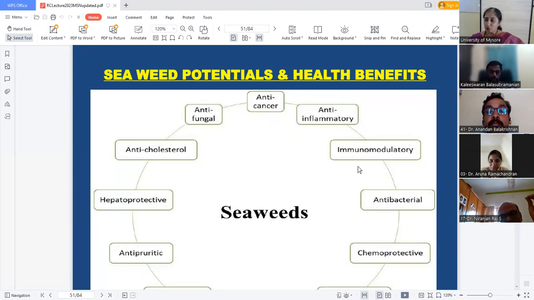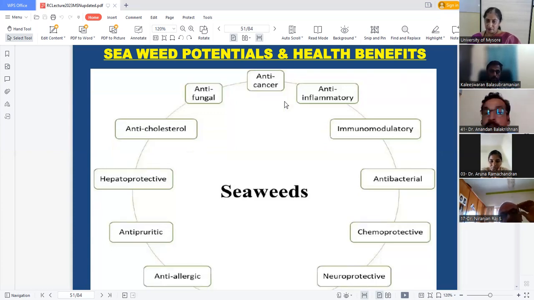People living on the coast are well aware of the health benefits of seaweeds. Kerala coast, Tamil Nadu coast, Andhra probably, and the Western world use a lot of seaweeds in the form of salads.